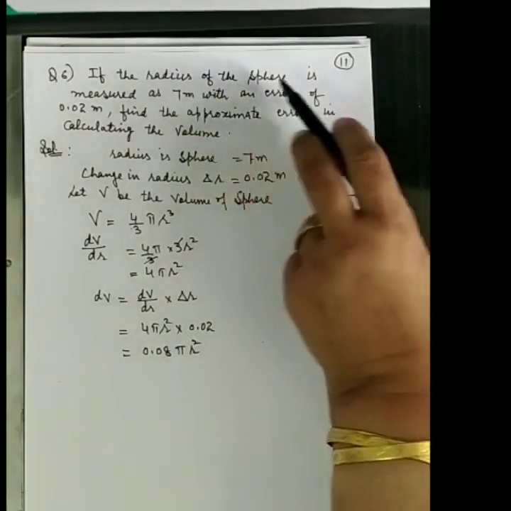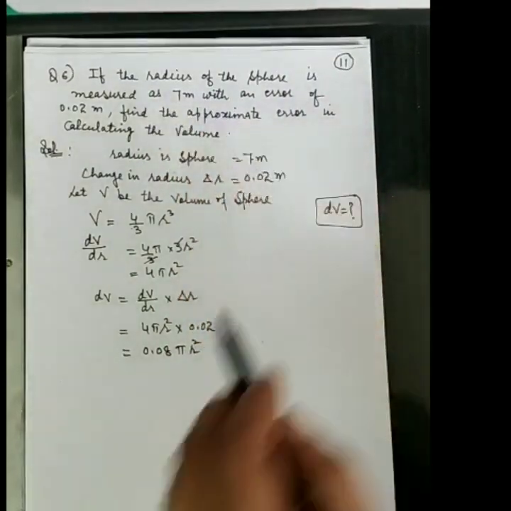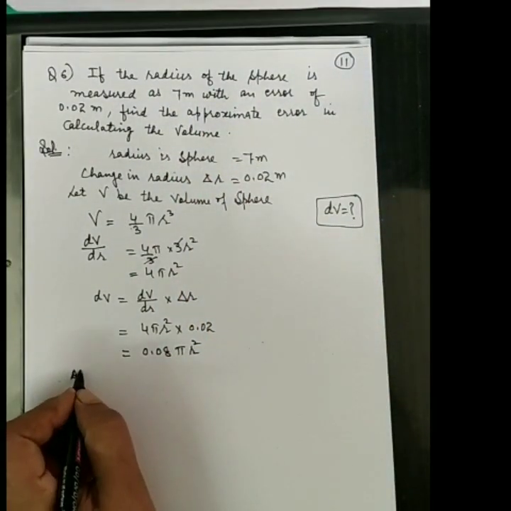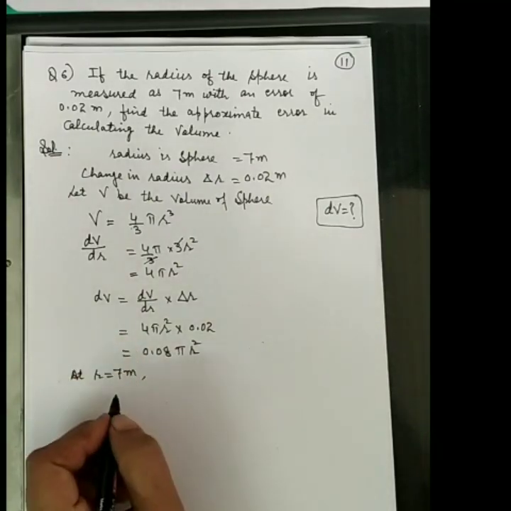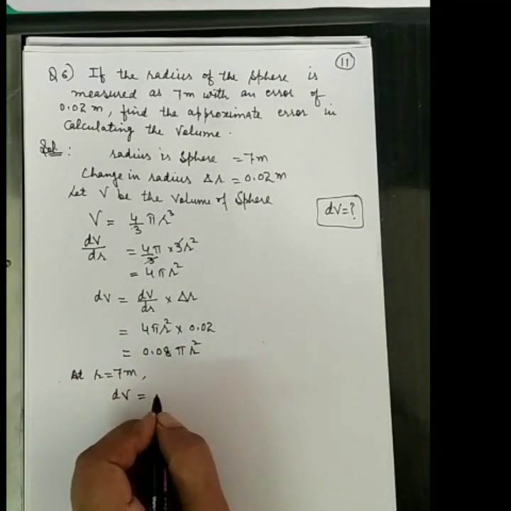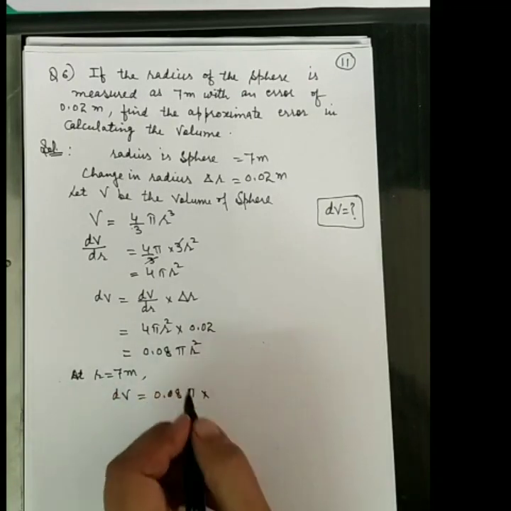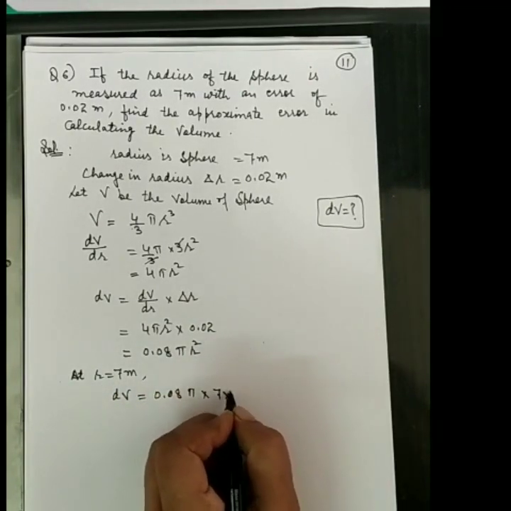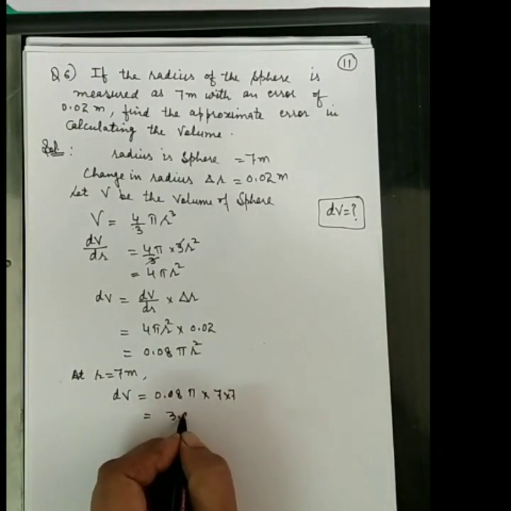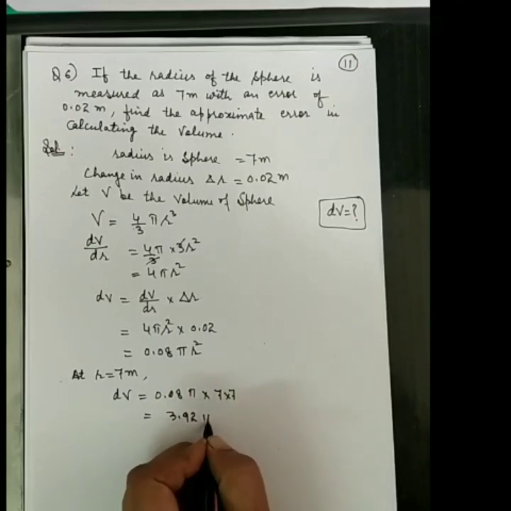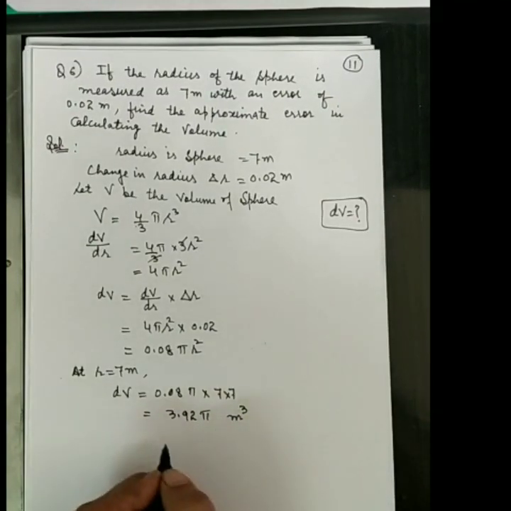Now the radius of the sphere is given, that is it is measured as 7 meter. Now at radius 7 meter, find the change in volume, that is dV is equal to 0.08 pi into, put the value as 7. So it is 3.92 pi. What were the units? It will be meter cube. This is your answer.